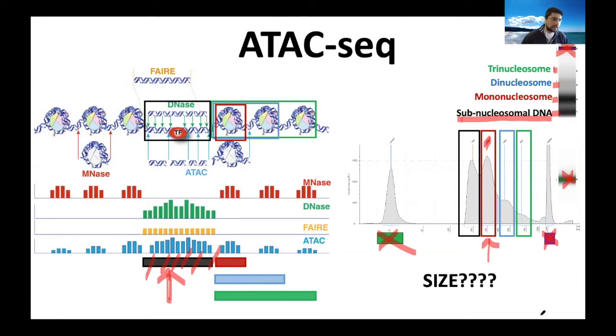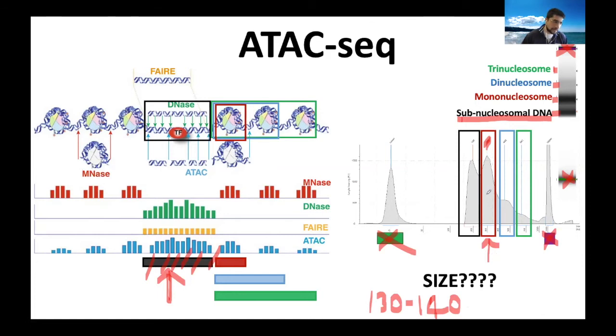And the sum of the length of the adapters is 130, 140. If you remember, the adapter diameter was exactly this size. So if you sum 130, 140 to the 160, 170 of the mononucleosome, you end up with 300, which is exactly the size of the mononucleosomal final library that we see here.